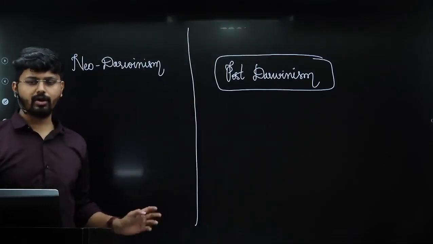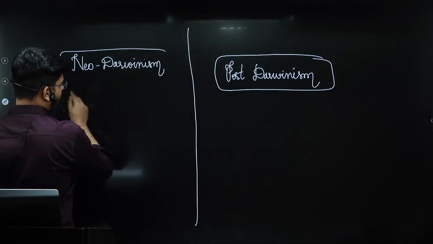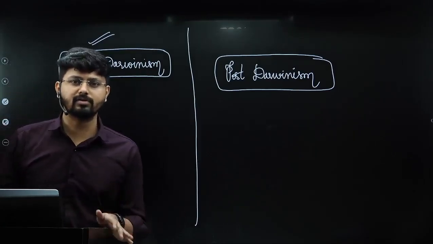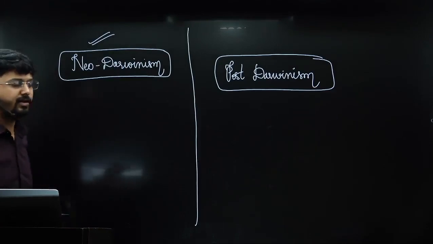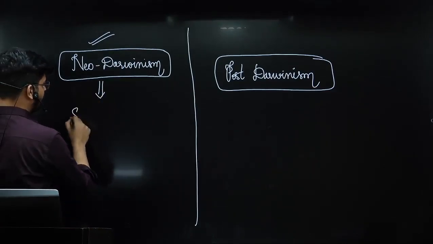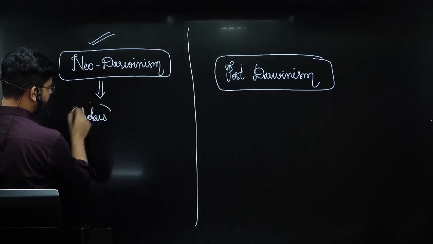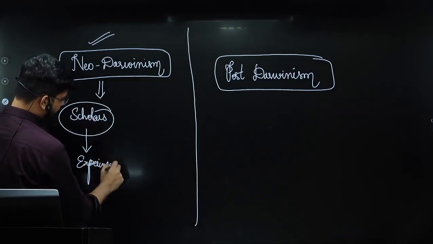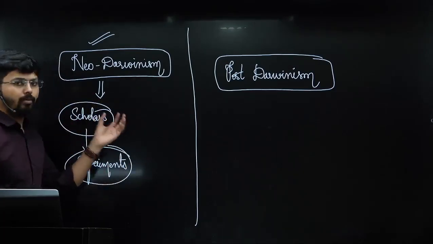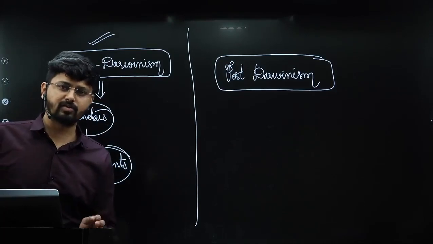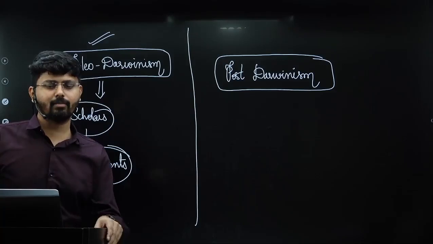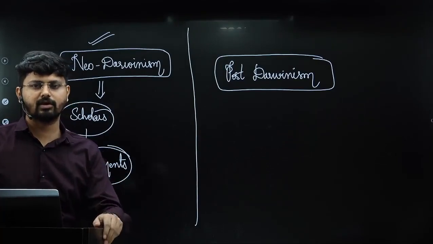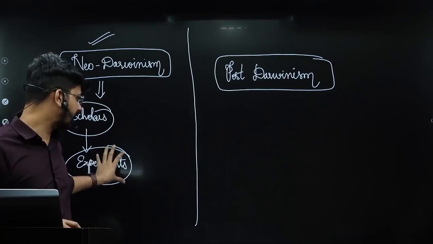If a question is on neo-Darwinism, what you have to write is about the scholars who have come forward in support of Darwin's theory of natural selection. They have conducted certain experiments and through that given certain views. Some people agreed with the theory of natural selection, but differed a little bit from Darwin's theory. Those who have come in support and their experiments have to be mentioned.